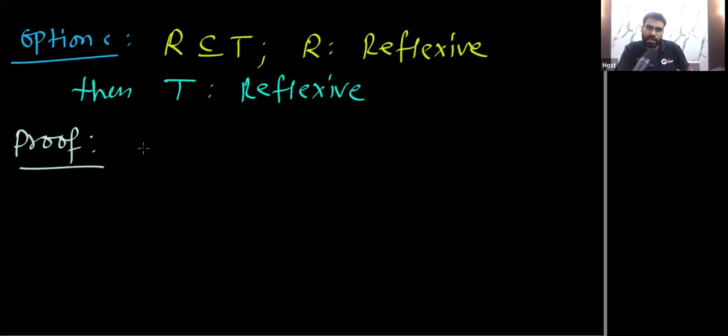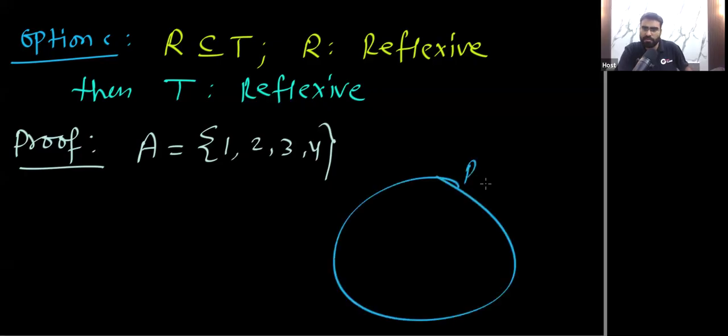Because if your base set, let's assume, is 1, 2, 3, 4, and R is reflexive, it will have all the ordered pairs, all these reflexive pairs.